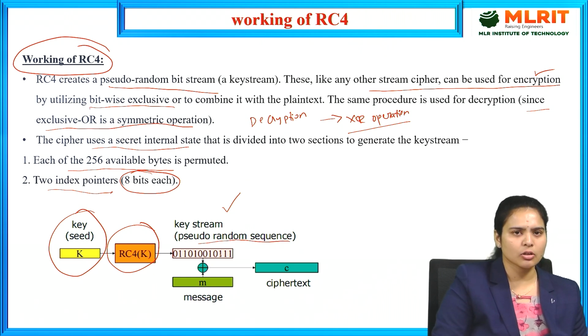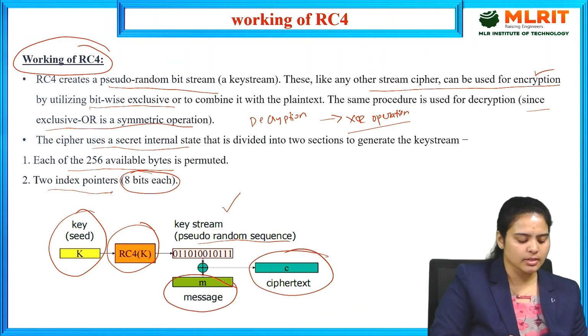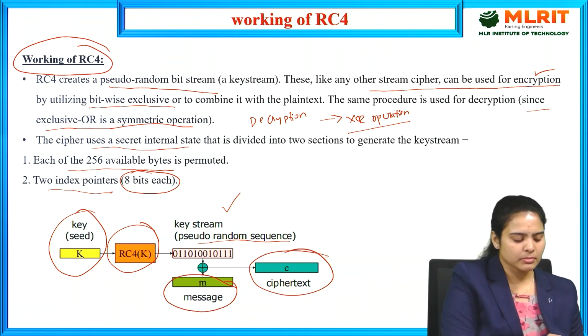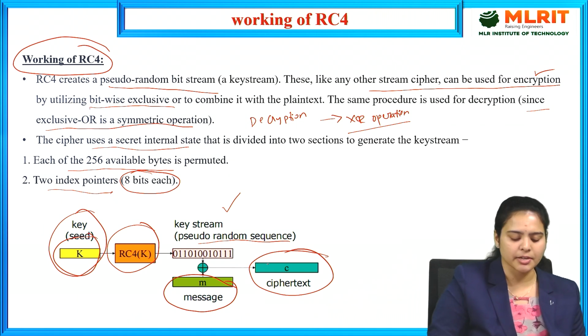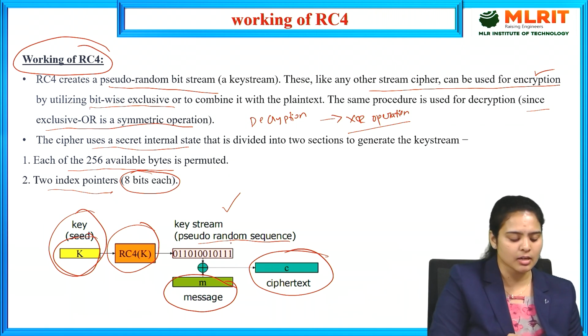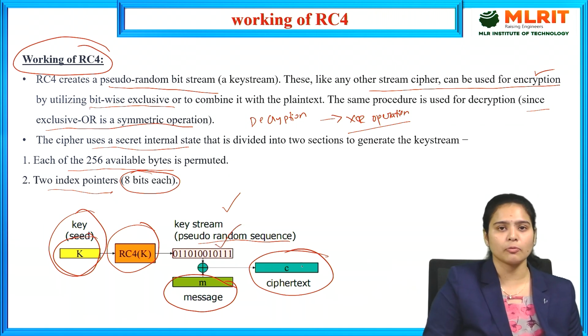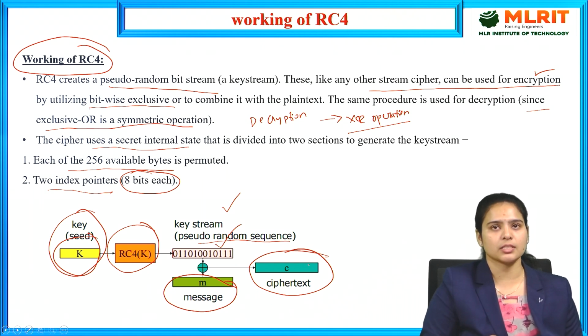Using the XOR operation, we get the ciphertext output. So a message is sent with key K, and by using the XOR operation we get the ciphertext. That is the working of RC4. RC4 is Rivest Cipher 4, invented in the year 1987.